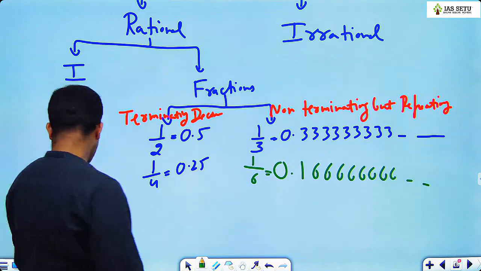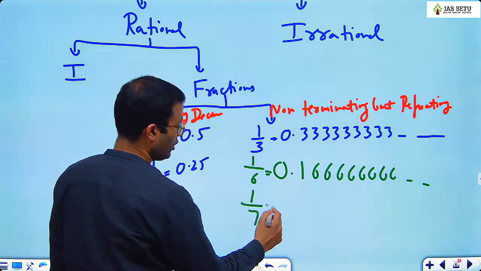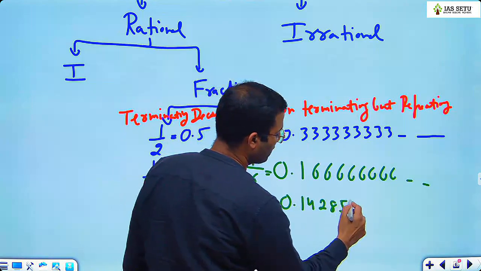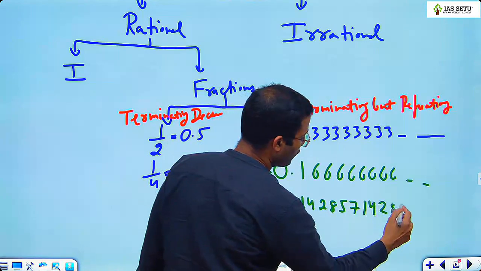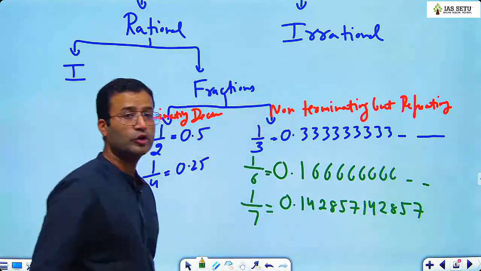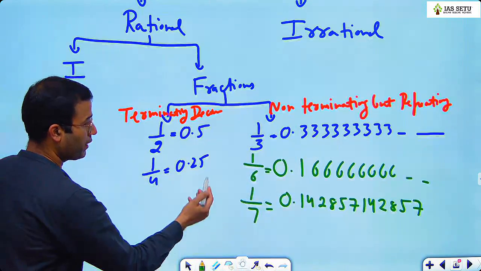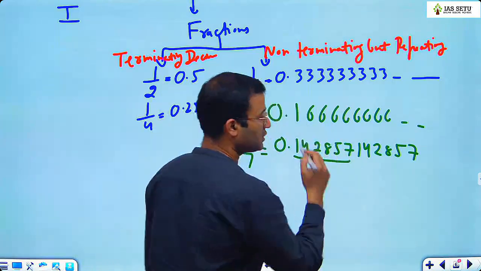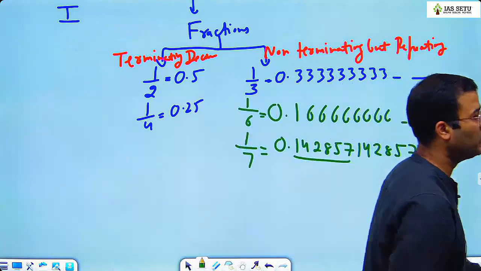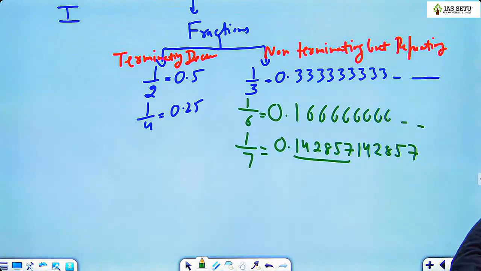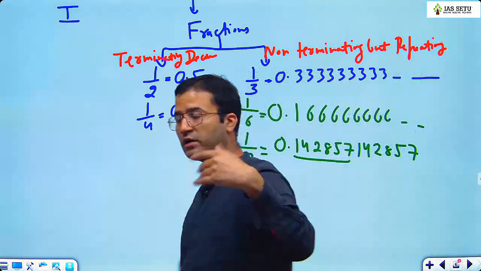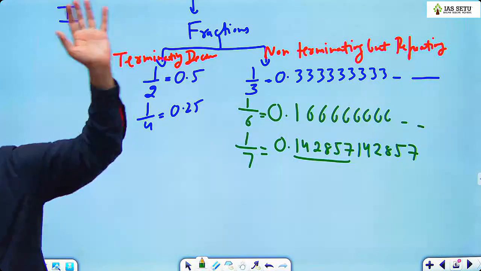Let me tell you 1/7. 1/7 is 0.142857, 142857, 142857. You get repetition after 6 digits, but there is a repetition. 142857 will repeat, 142857, 142857 will keep going.